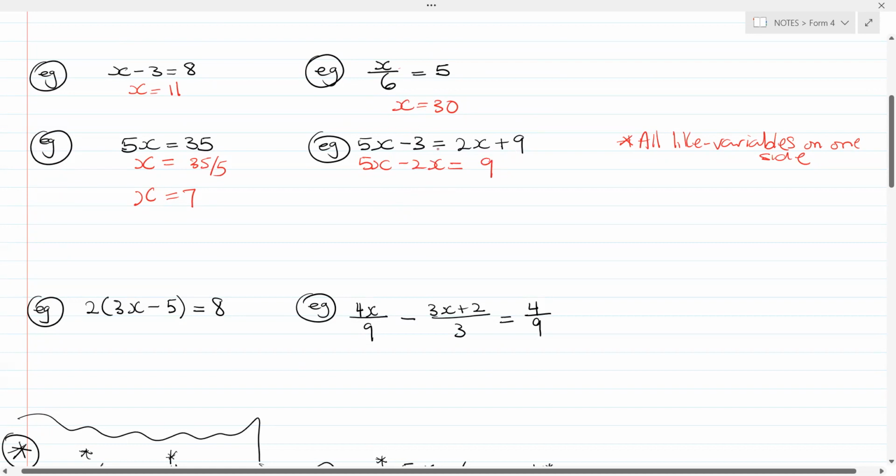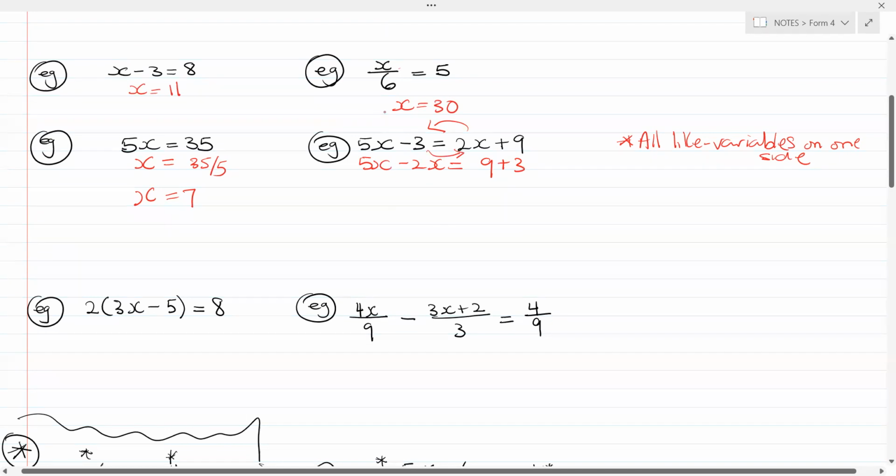And of course, I'll send across the constant on the other side. So this is going to be add 3. So remember, if it's subtracting, it's going to add across here. If it's adding, it's going to minus across here. That's why we ended up with 5x minus 2x, right? And then 9 plus 3. So that's just the shortcut.